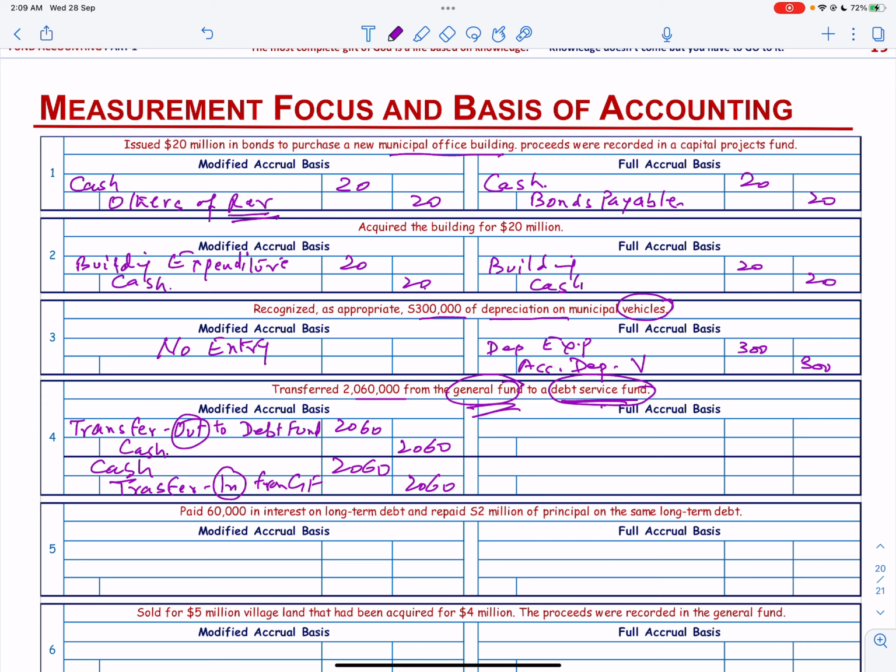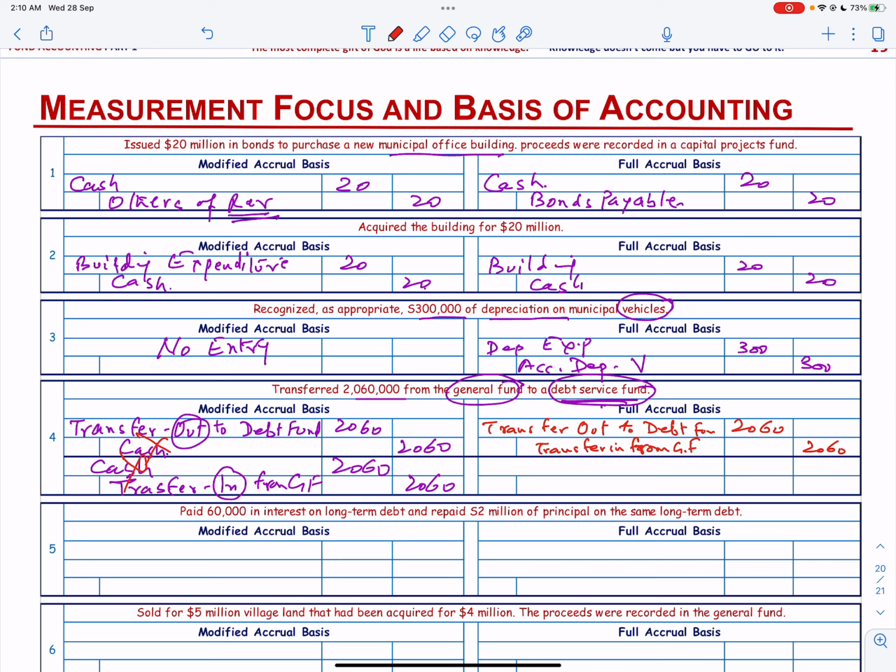Under the full accrual basis, at the end of the year, the two cash are going to cancel out, as there is a debit and there is a credit for the same amount, and we will be left with transfer out to debt fund, debit, and transfer in from general fund, credit, 2,060,000.